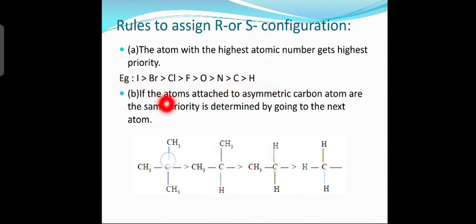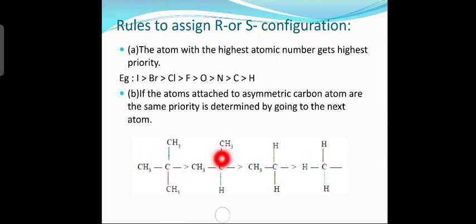Next point, if the atoms attached to the asymmetric carbon atom are the same, priority is determined by going to the next atom. Here is a carbon atom attached to 3 methyl groups, carbon linked to carbon, carbon linked to carbon, so the same atomic number. In such a case, you have to consider how many groups it is linked to. 3 CH3 groups, therefore highest priority.